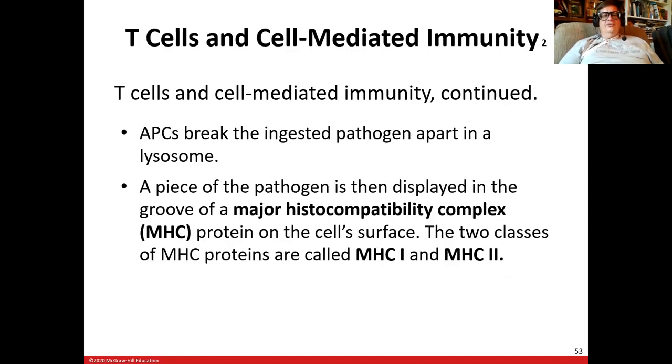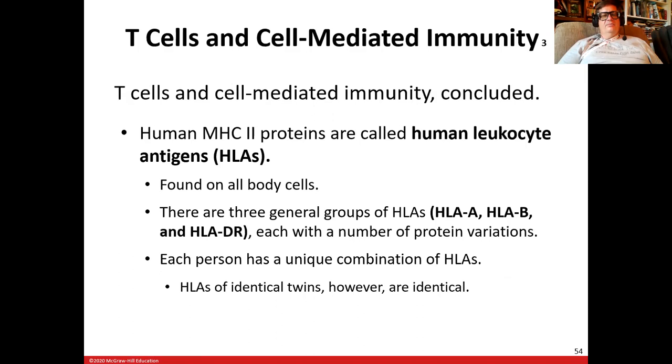All right. So antigen presenting cells break that ingested pathogen apart, and a piece of the pathogen is in the major histocompatibility complex, which is a protein on the surface. There are a couple of them. Major histocompatibility complex 2 proteins are called human leukocyte antigens.